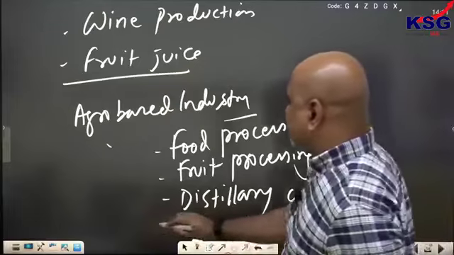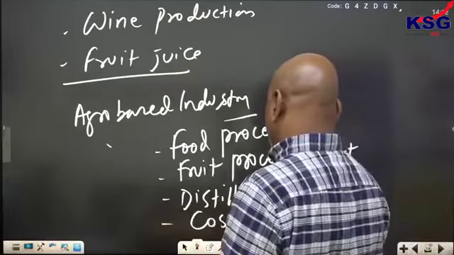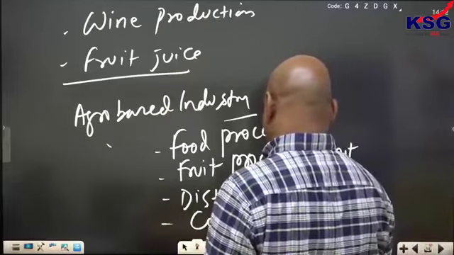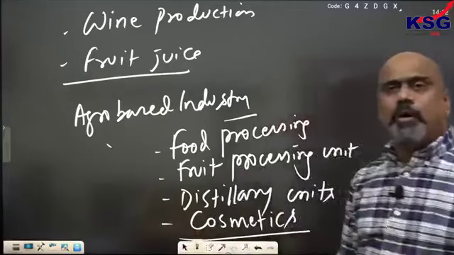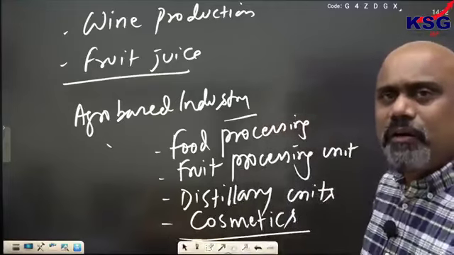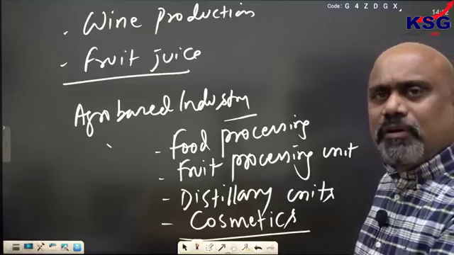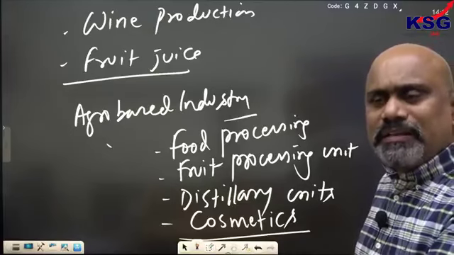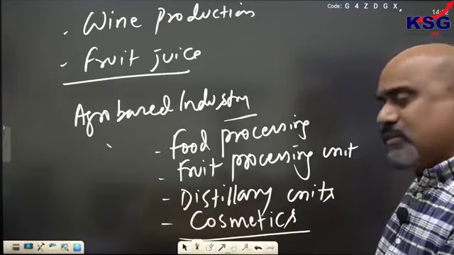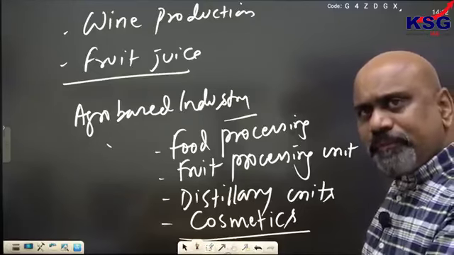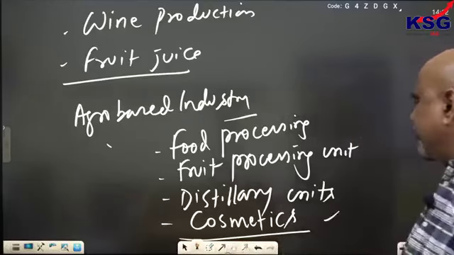Then cosmetics from the oil and pulp of citrus fruits, whether it is lemon oil or orange seed oil, as well as the pulp of the fruits, are useful for cosmetics.